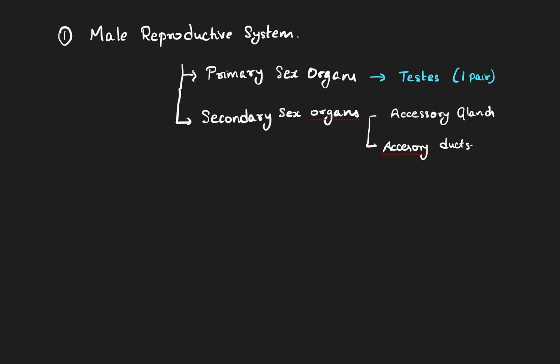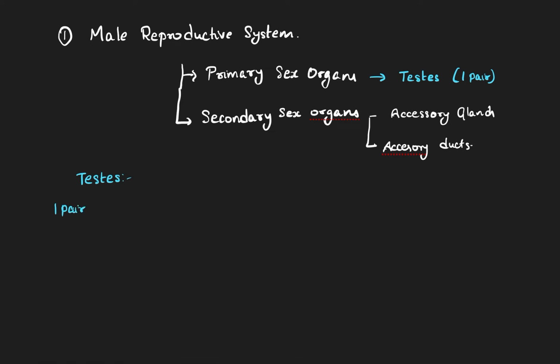Now let's start talking about the first part, that is the testis. So when you discuss the testis, the testes are basically one pair, as I told you. They are present two in number.